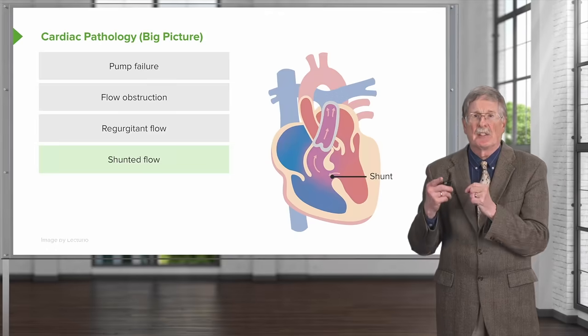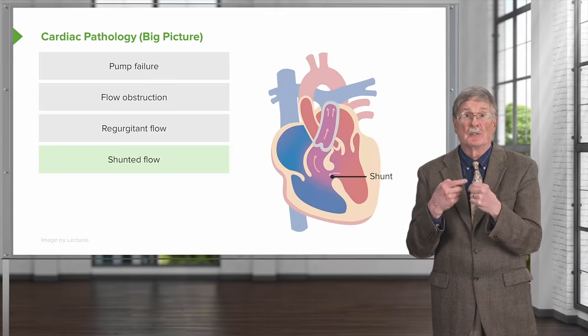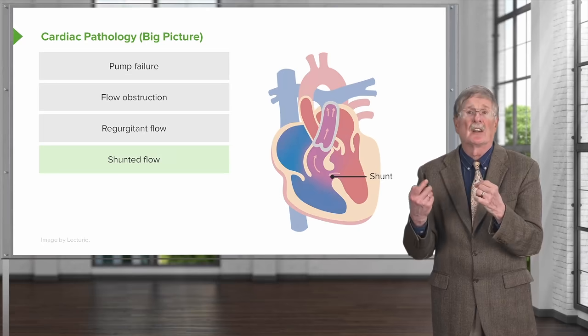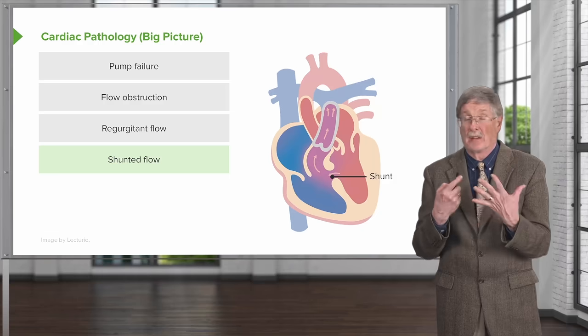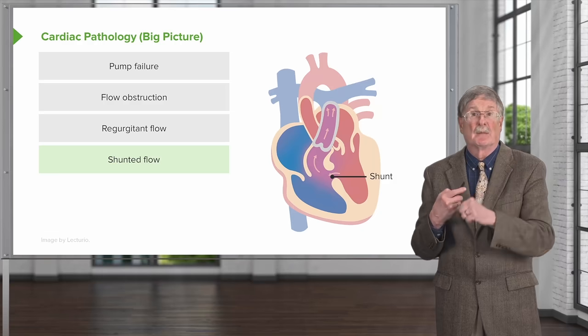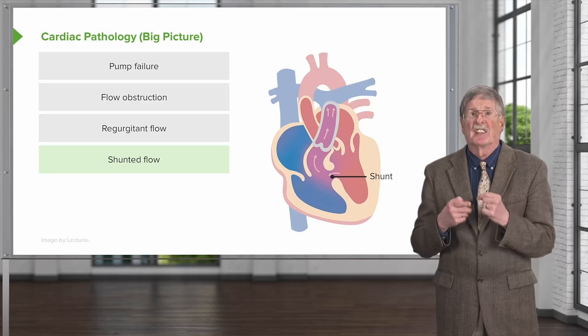Because the left-sided pressures are much higher than the right-sided pressures, if we make holes between the ventricles or between the atria, flow will tend to go left to right. There are exceptions to this, very important exceptions, when pulmonary pressure becomes very high. But shunted flow is also going to cause significant pathology.